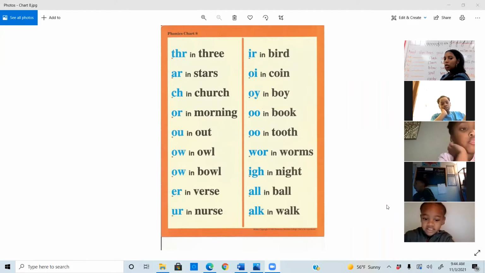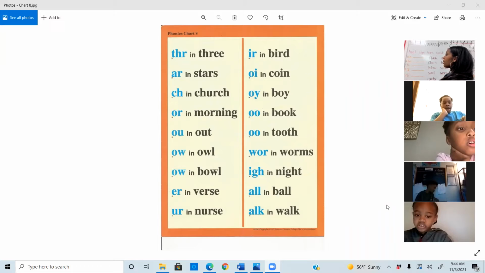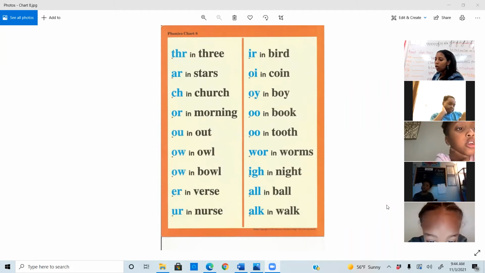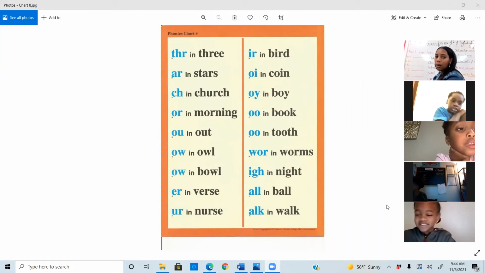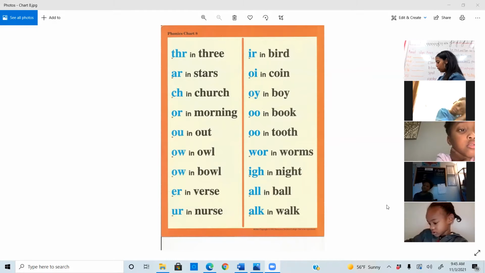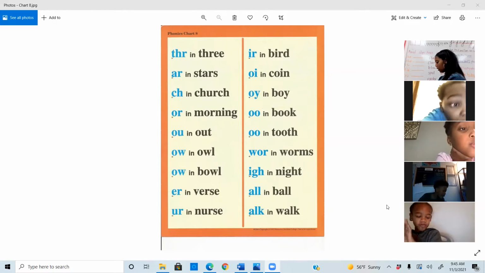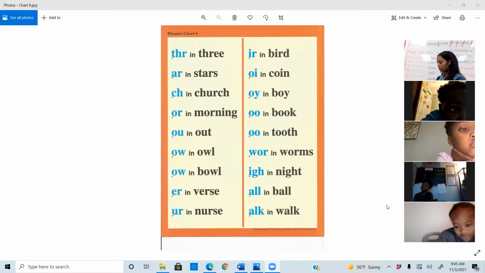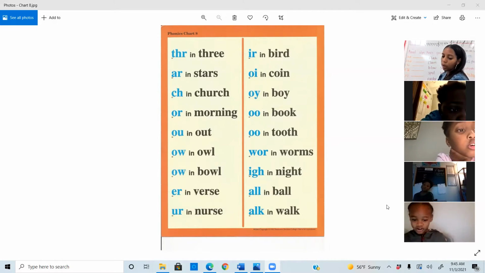CH says ch in church. O-R says or in morning. O-U says ow in out. O-W says ow in owl. O-W says o in bowl.